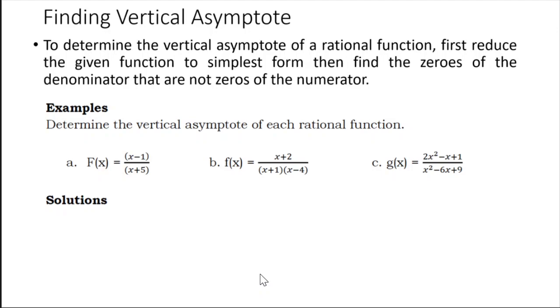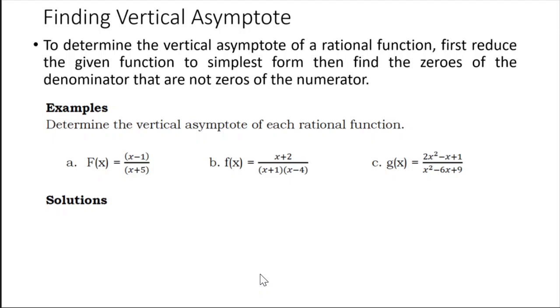Meaning, you have to find the value of x that makes your denominator 0 but does not make your numerator 0, because otherwise it will no longer be a vertical asymptote. It will become a zero of the function. So you have to carefully determine the vertical asymptote.